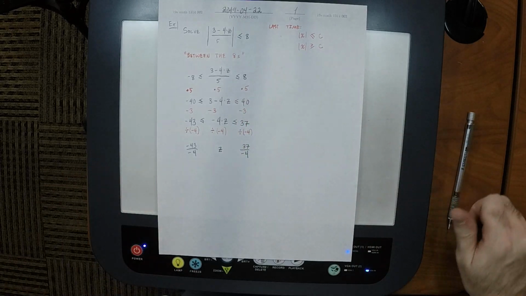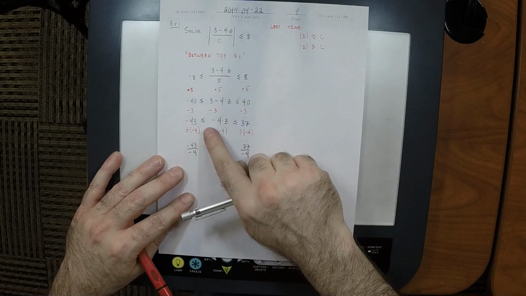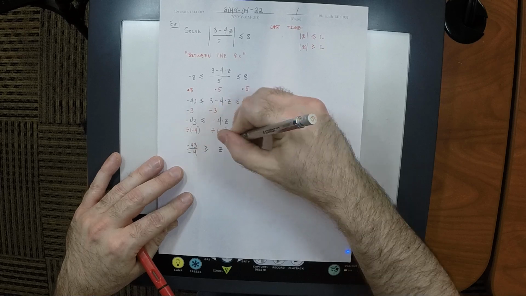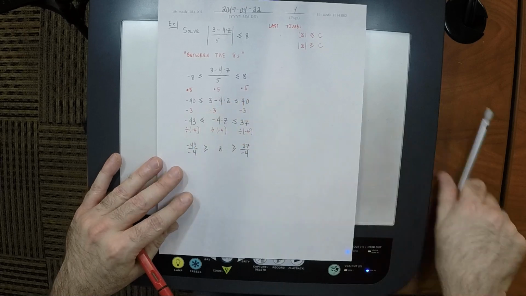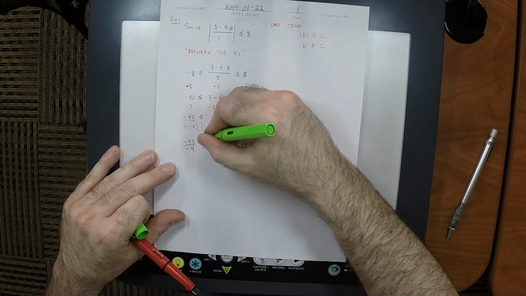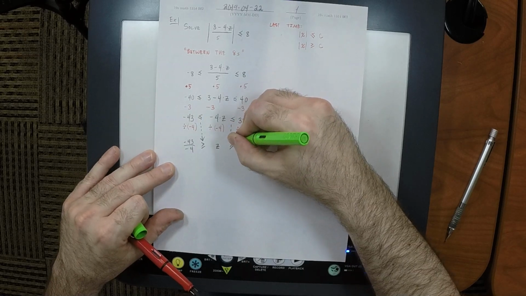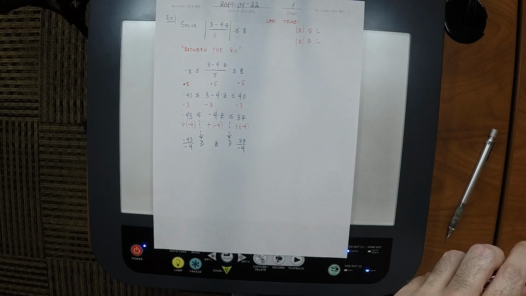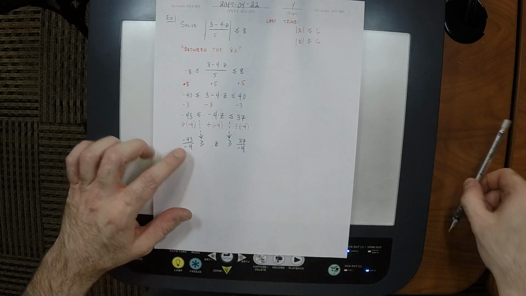And the notable difference will be that these inequalities will be pointing the other way. All right. Other than that, it just proceeds normally.